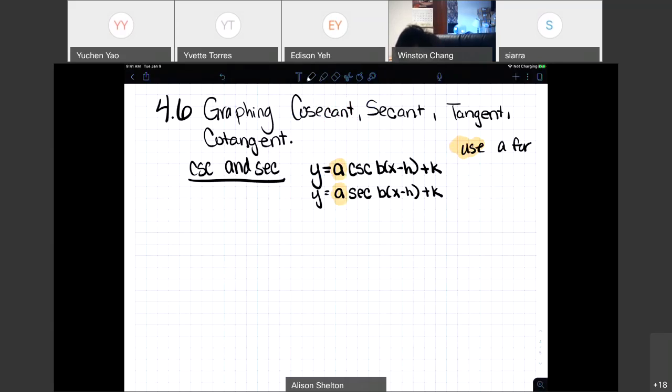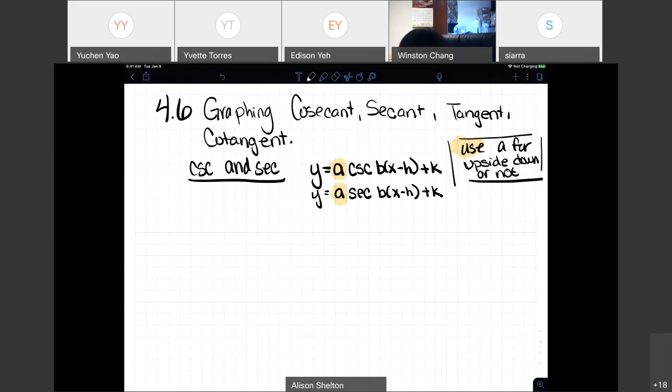For the a, we're going to do, if it's upside down, but we're not going to describe amplitude, really. And the rest of these are exactly the same.